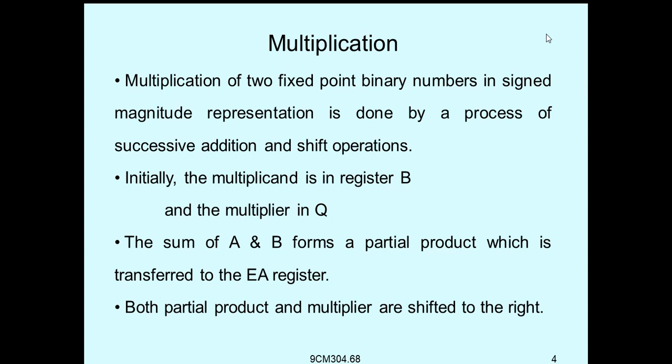In general we can say 11 nines are 99, 5 fours are 20, like this we can perform the manual multiplication. But the system does the multiplication of the two fixed point binary numbers by a process of successive addition and shift operations.